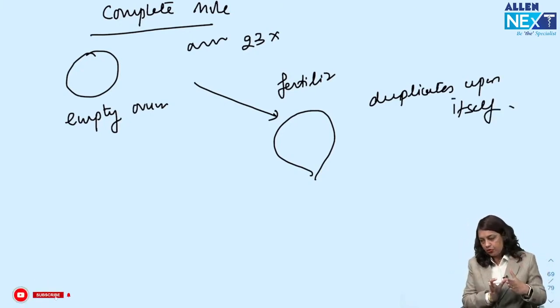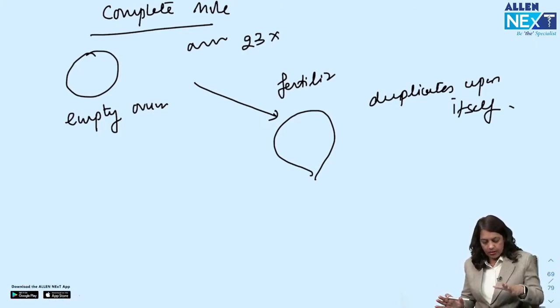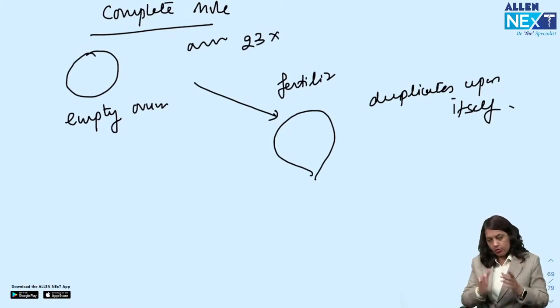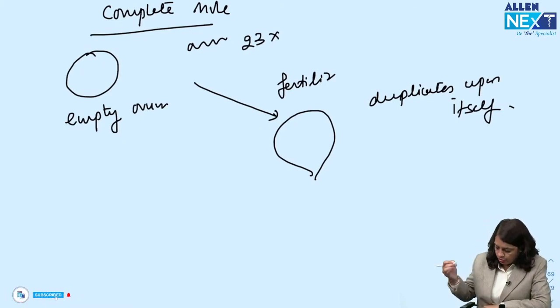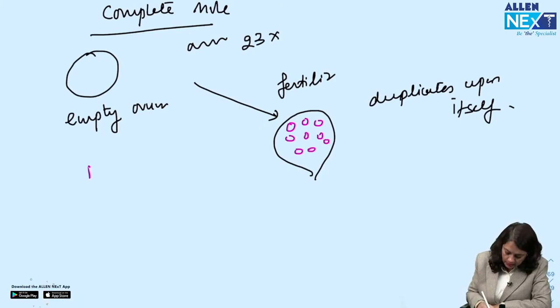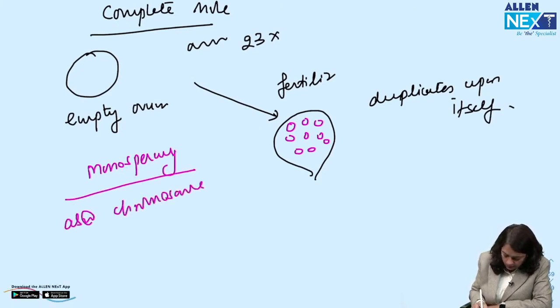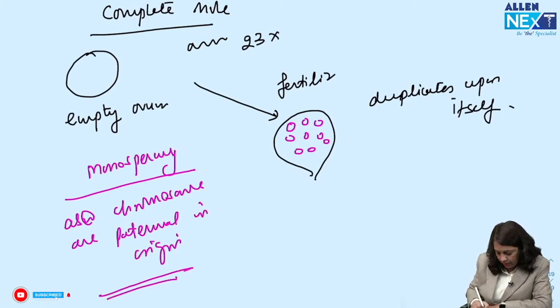Usually one set of chromosomes is derived from the mother and one from the father. Here the ovum is empty, so the sperm fertilizes it but then it duplicates itself. So something has happened. So this is just vesicles. So it is monospermy. One sperm has fertilized, but abnormal chromosomes are paternal in origin, derived from the father.